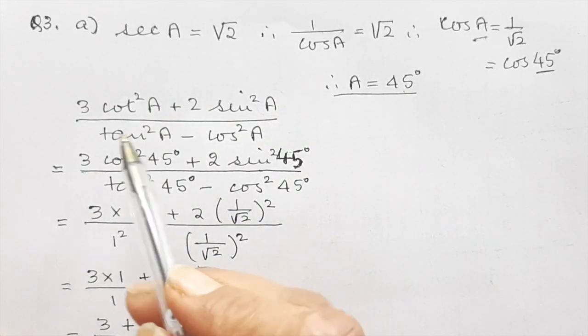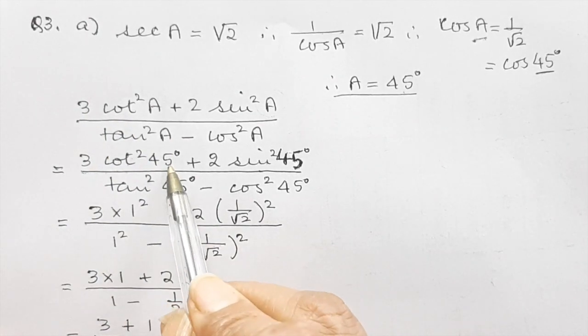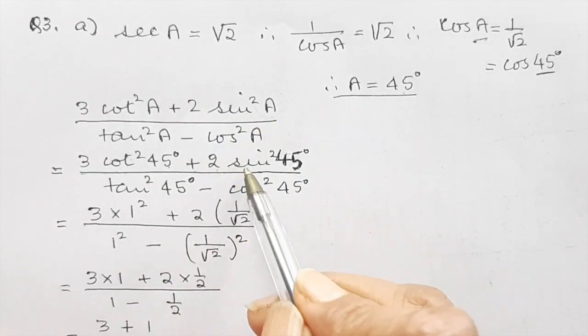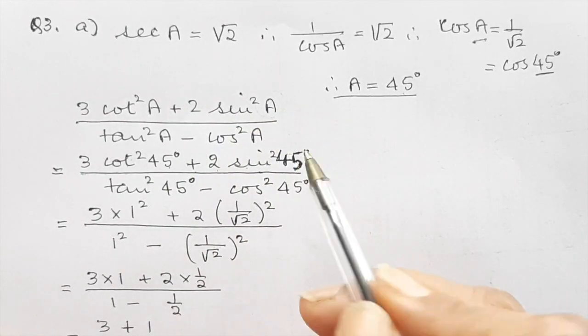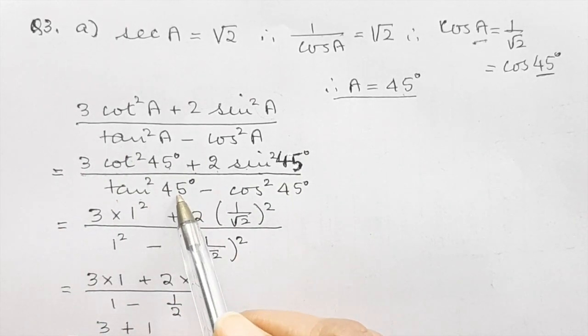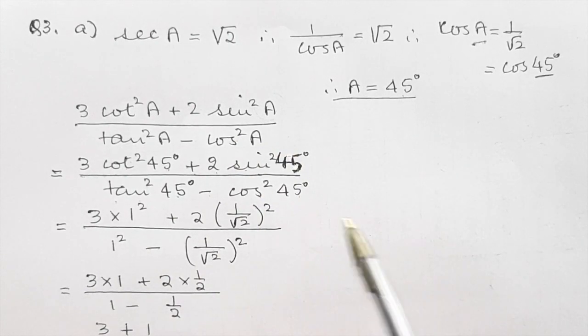Okay. So which is equal to 3 into cot square A becomes cot square 45 degrees plus 2 sine square A means 45 degrees. In the denominator, tan square A means 45 degrees minus cos square A means 45 degrees.